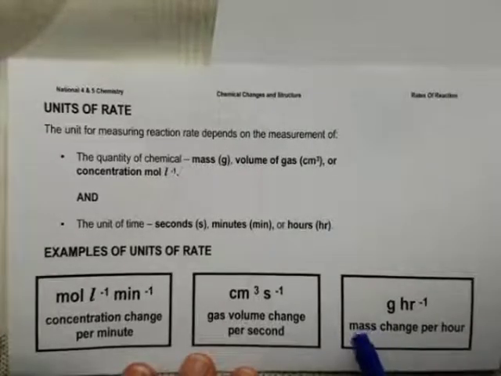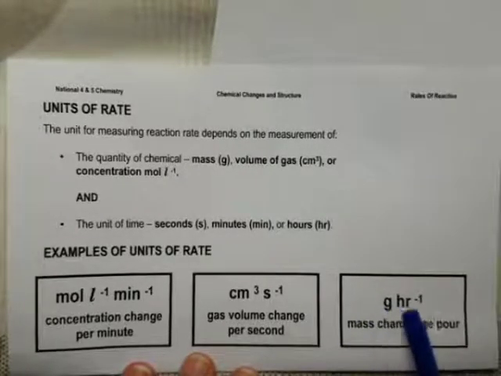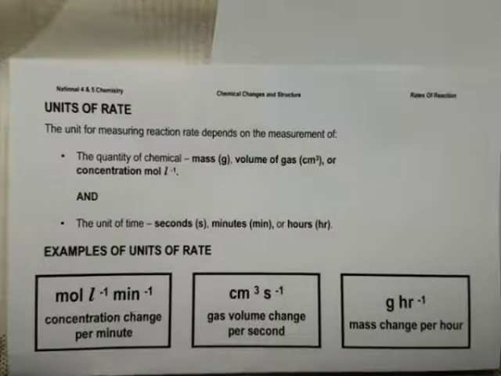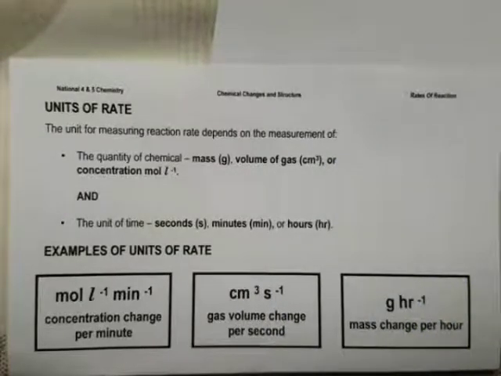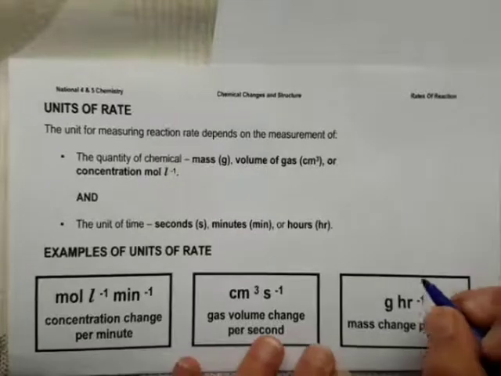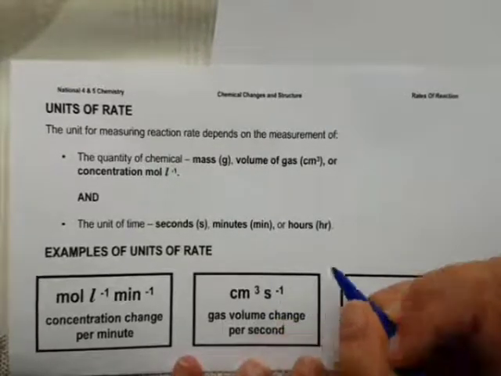Or we could, for example, measure the rate in grams per hour. Just like there's lots of units for speed, kilometres per hour, metres per second, miles per hour, there are lots of different units for rate, and the units depend on the units of quantity and the unit of time in which we are measuring the rate. And the little minus one comes from the fact that we are dividing by time.